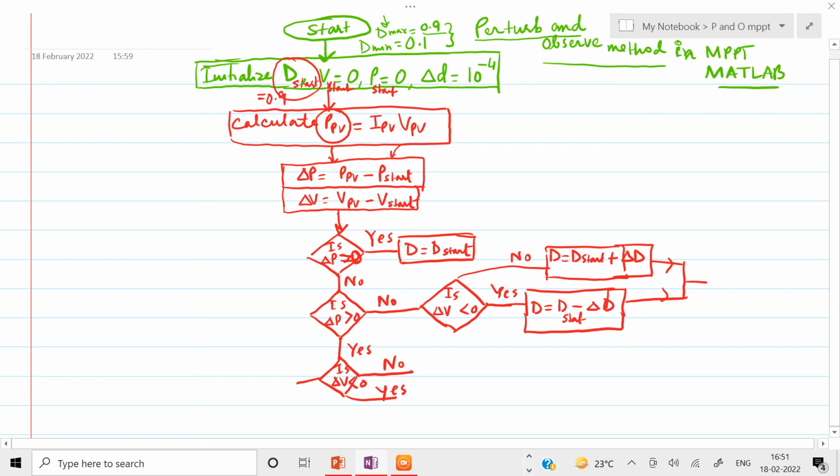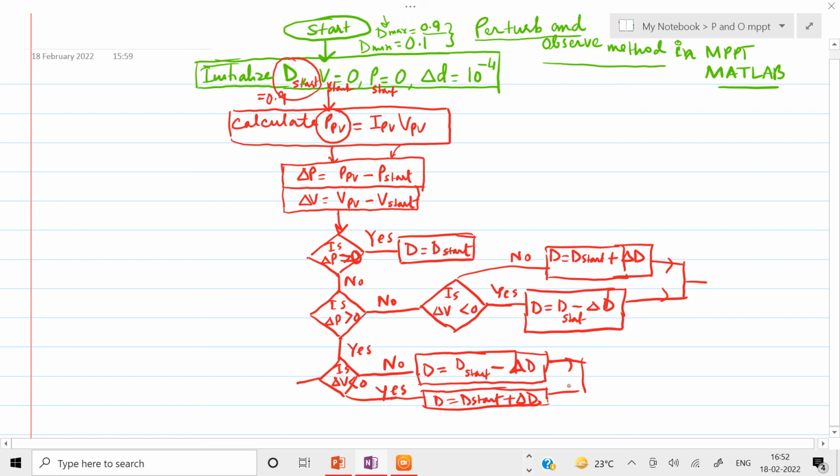For no, we have D equals D start minus delta D. And if it is yes, then D equals D start plus delta D.